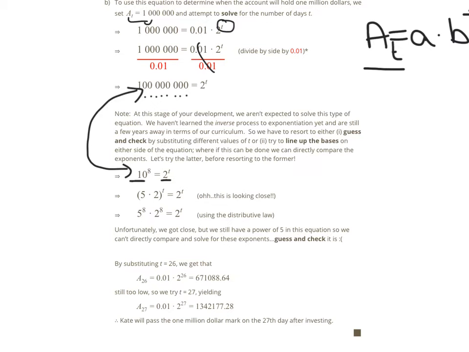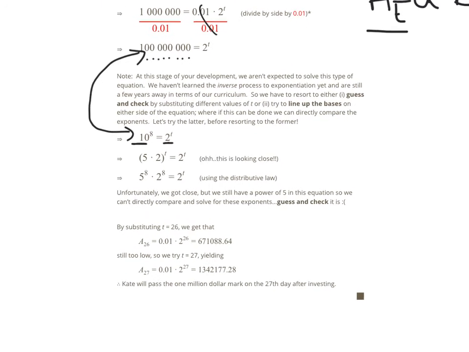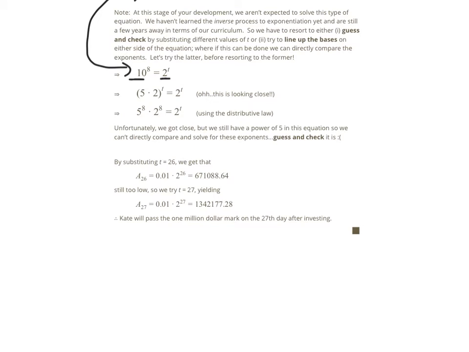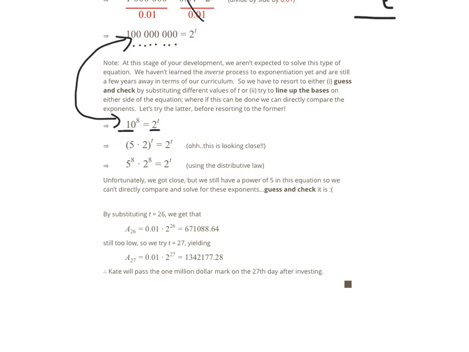So what we do then is they start to use a substitution value to look at this. In these questions, they're substituting t = 26 and t = 27. So they're really just doing a guess and check. They found out 26 days is under $1 million, but 27 days is over $1 million.